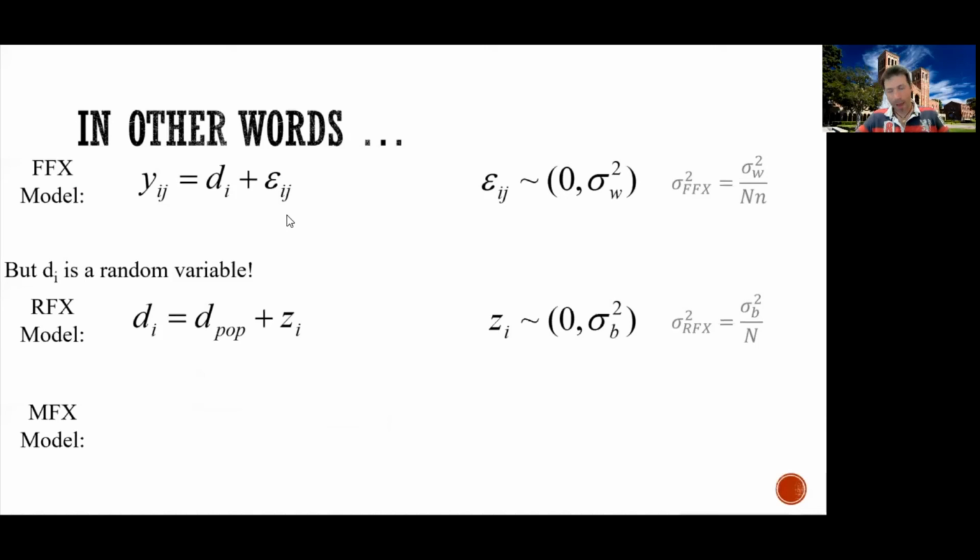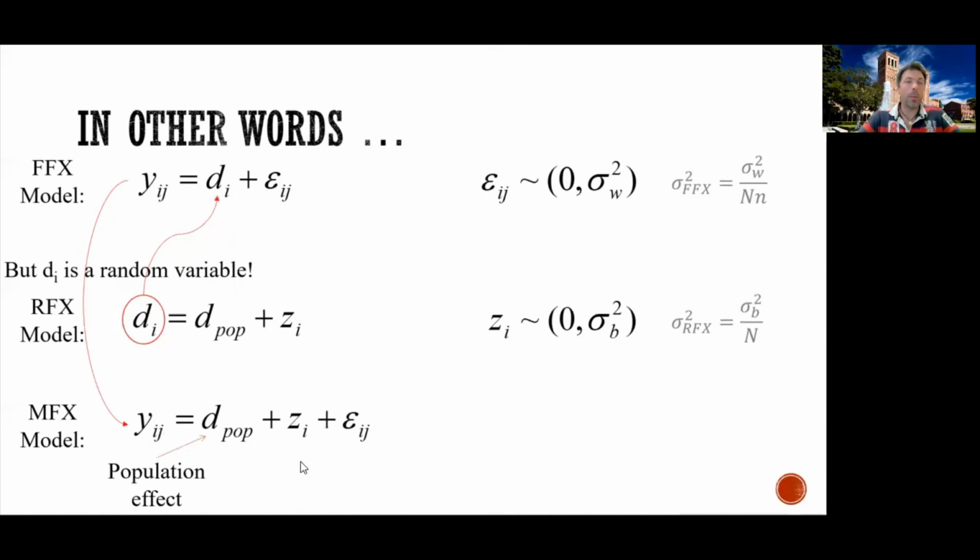And finally, mixed effects is exactly what you think. If you take d_i and just plug it into the fixed effects model, you get exactly the mixed effects model, where the value for one voxel of participant i at time point j is really a function of three things: whatever is the population effect, plus or minus your unique variance around the population, so whether you happen to be a little bit above or a little bit below the population mean, plus measurement error.